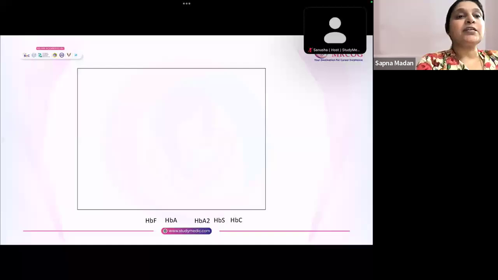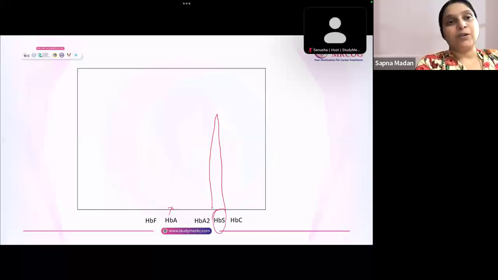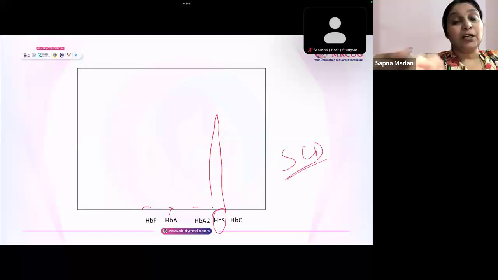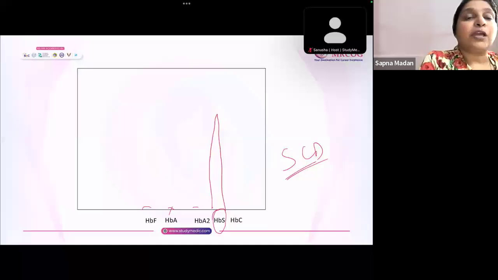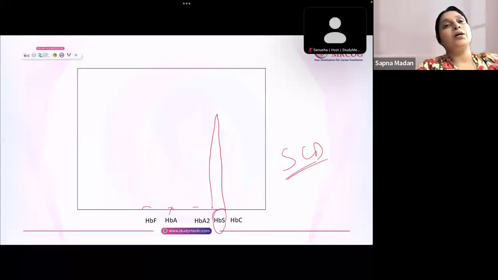Because in disease, there will be negligible or absent adult hemoglobin, okay, and there will be a single peak of HbS, okay, with other fractions little, all right. So a single peak will be present in sickle cell disease, all right. So I hope if these questions come, then you are able to answer them confidently, okay. They will usually give you an HbA2 level of more than 3.5 or whatever. Okay, they will give you a hint to go towards beta thalassemia trait.